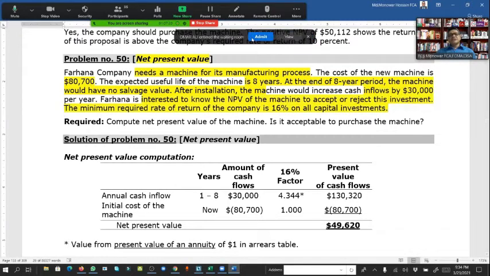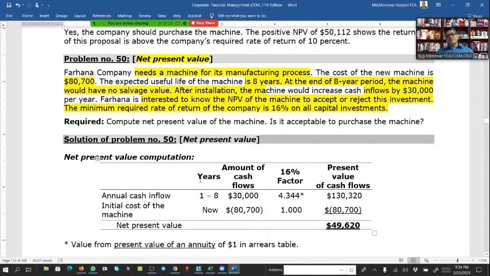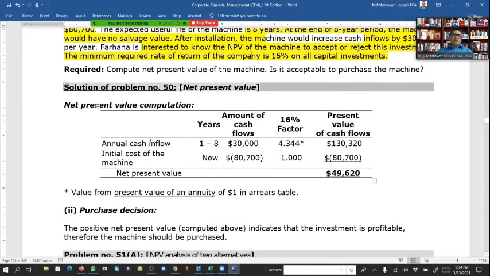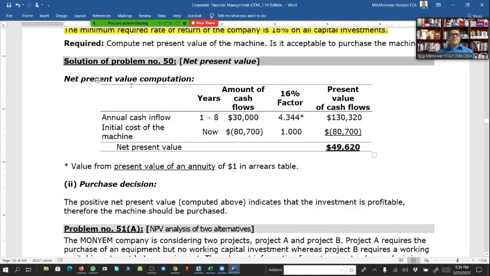So this is the data from the math, and we compute the net present value of the machine. The question is whether it is acceptable to purchase the machine. So the answer is here: net present value.